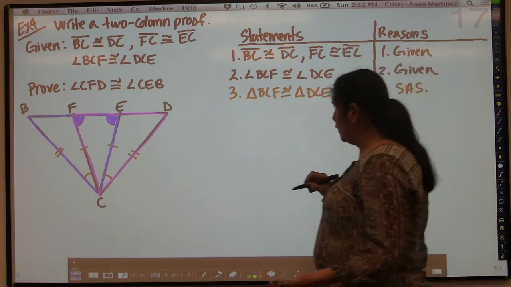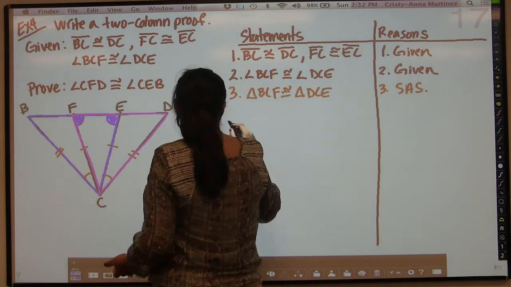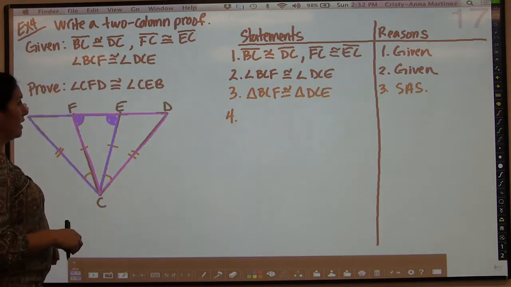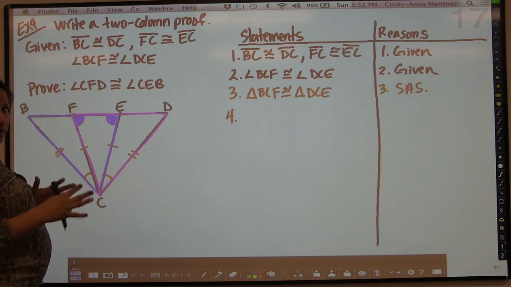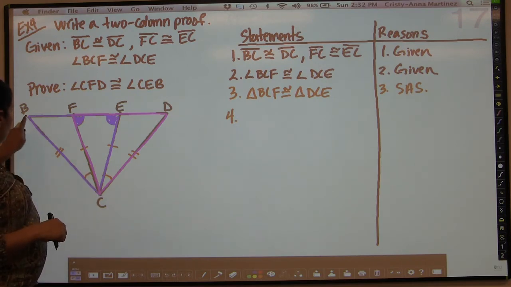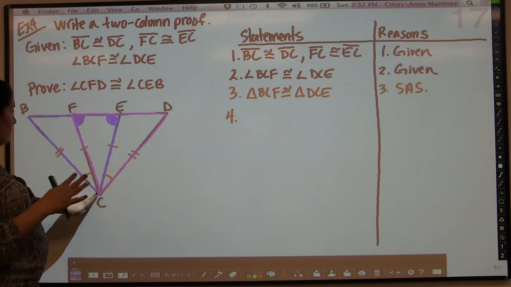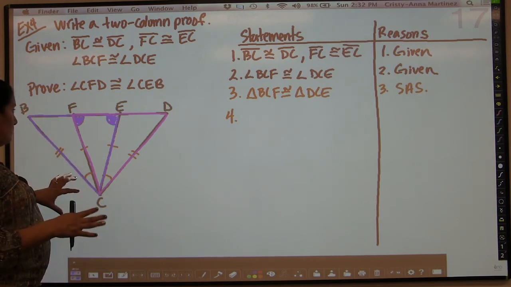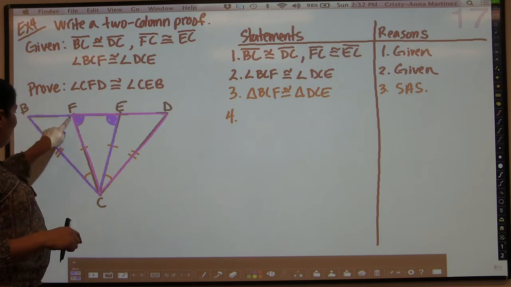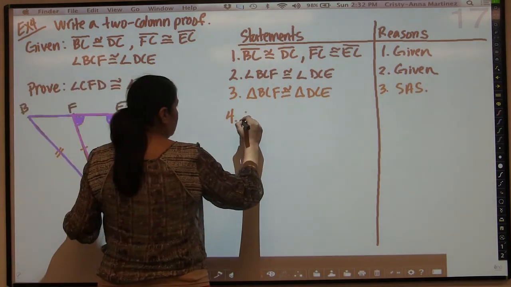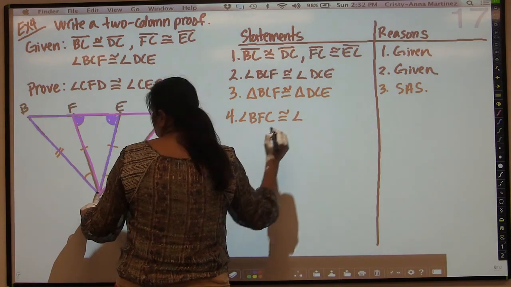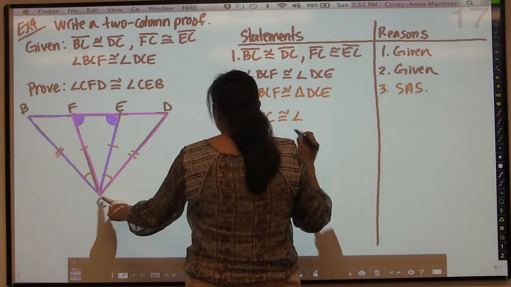Now, as I said earlier, because the two triangles are congruent, then all of their parts are congruent. So even though angle BFC was not part of the original process of proving the triangles congruent, angle BFC is in fact congruent to DEC.